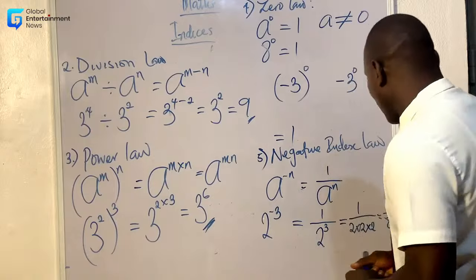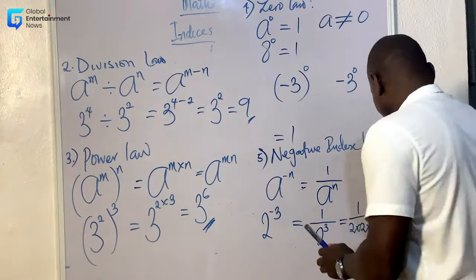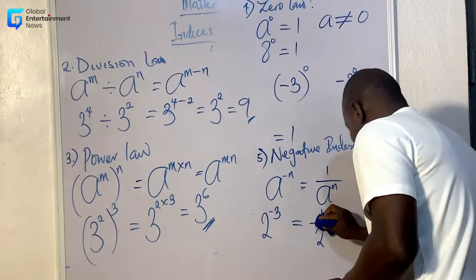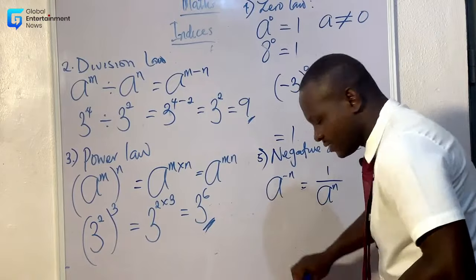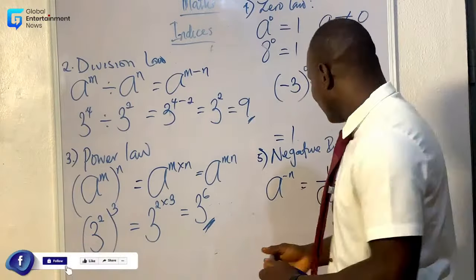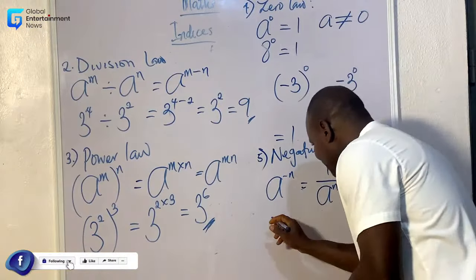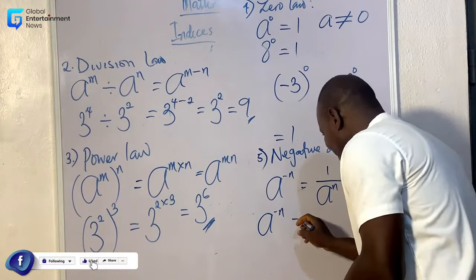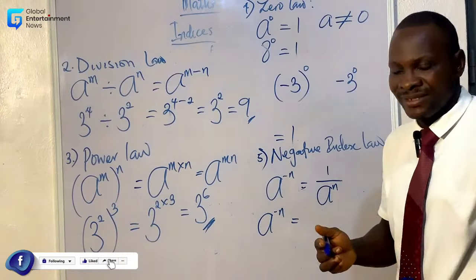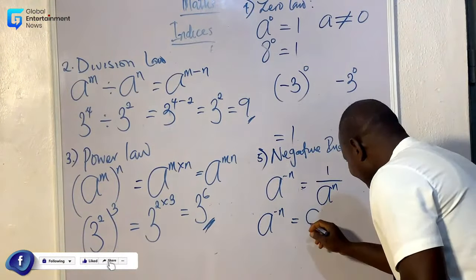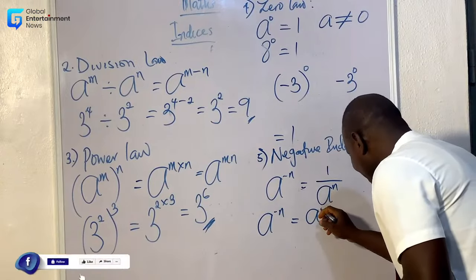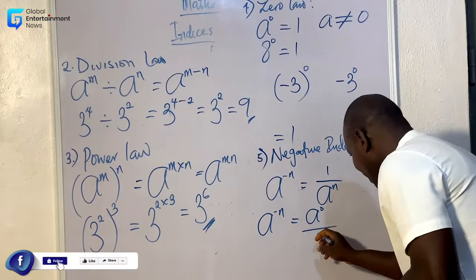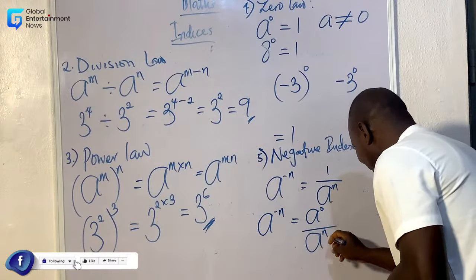Let me rephrase this very well so that you will understand better. Now, this particular a raised to power minus n, how do they derive this? It means a raised to power 0 all over a raised to power n.